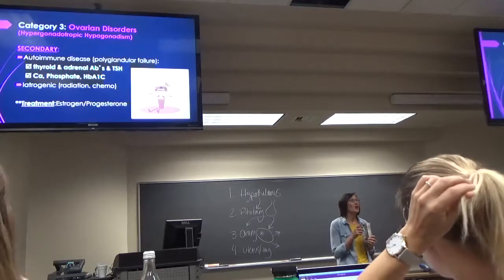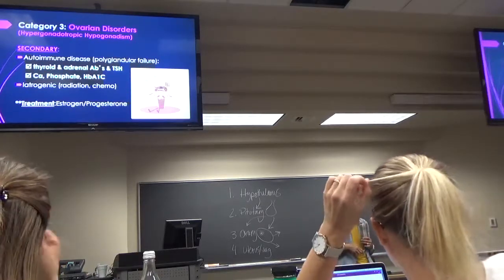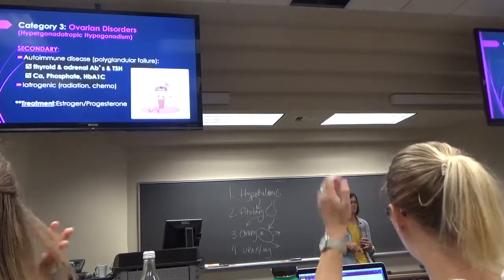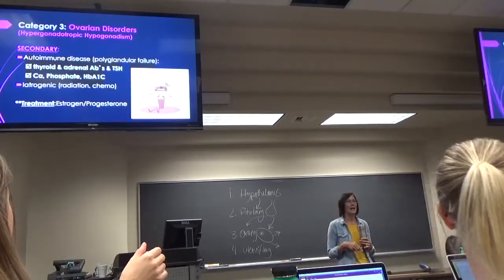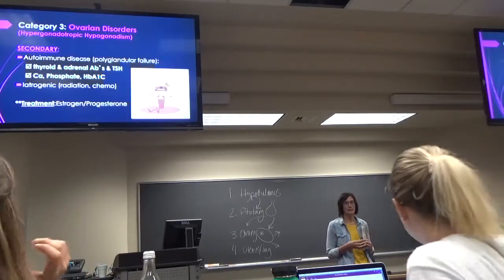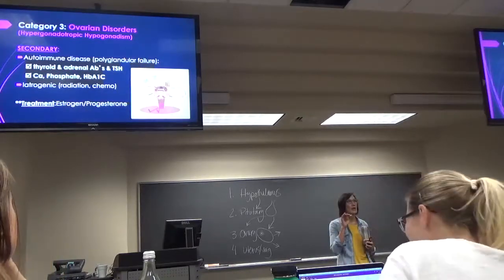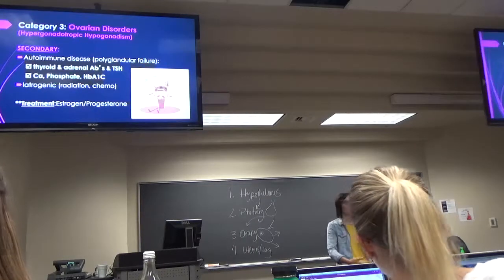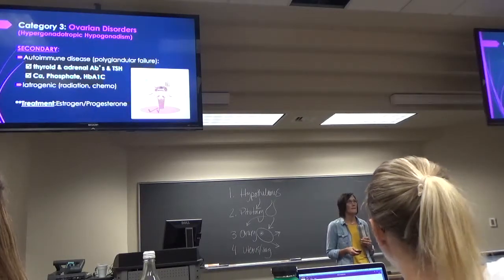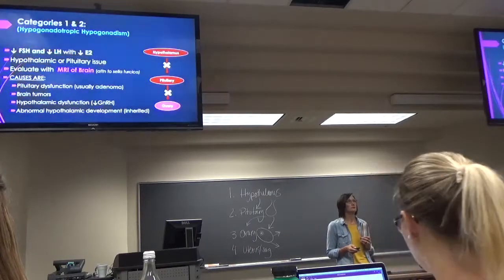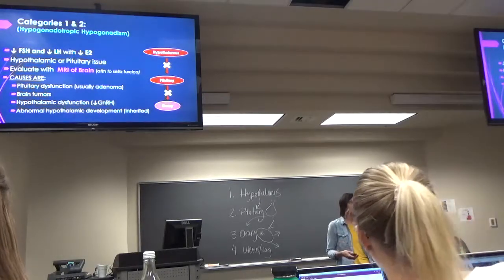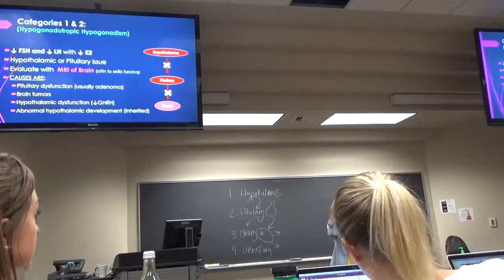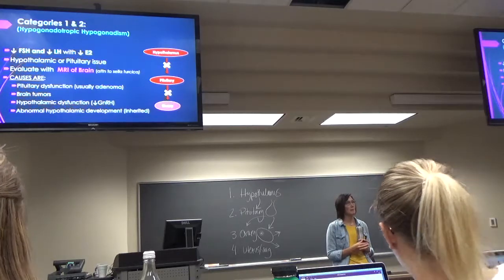So why do we call this hypergonadotropic hypogonadism? High levels of gonadotropins, hyper FSH, yes. The gonadotropic releasing is happening, but you have hypogonads. With hypogonadotropic hypogonadism, they're both low, so we know the problem's at the top.